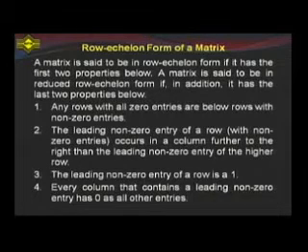Any rows with all zero entries are below rows with non-zero entries. 2. The leading non-zero entry of a row with non-zero entries occurs in a column further to the right than the leading non-zero entry of the higher row. 3. The leading non-zero entry of a row is a 1. 4. Every column that contains a leading non-zero entry has 0 as all other entries.